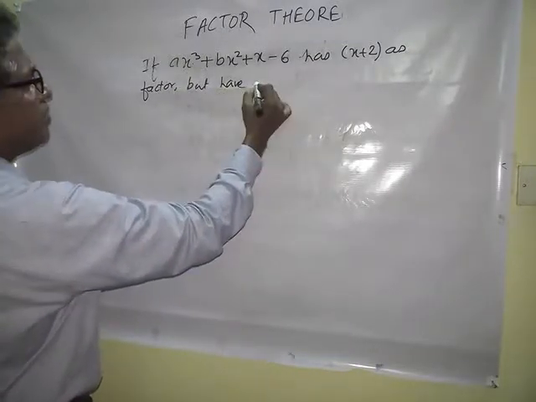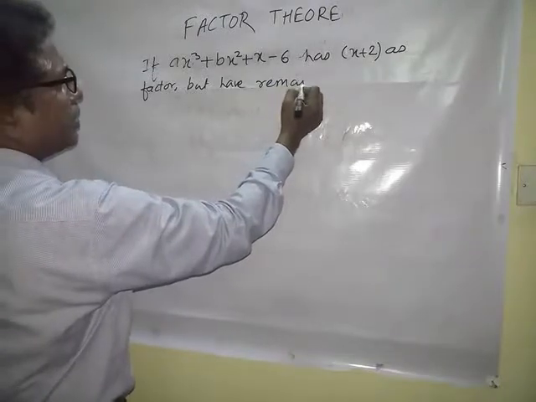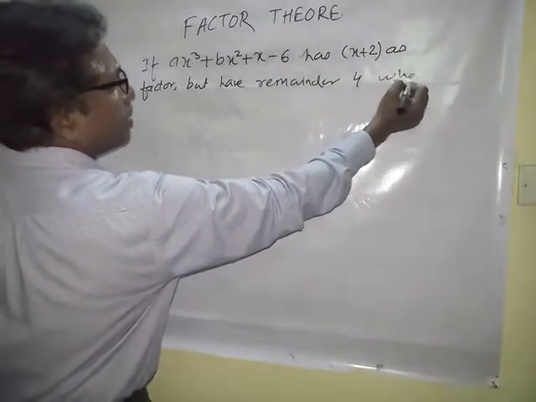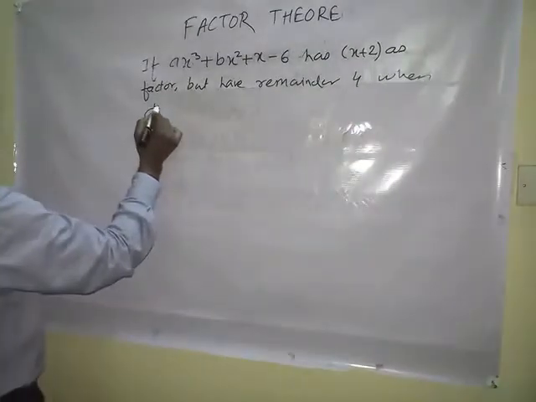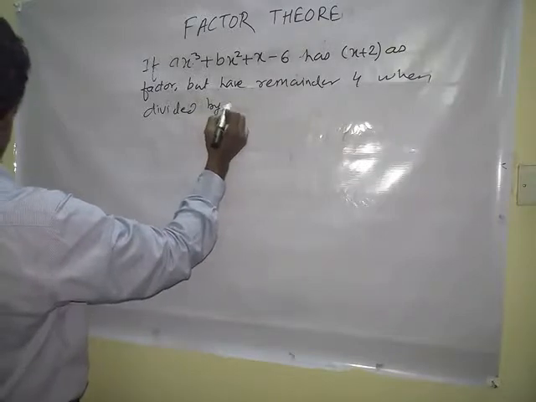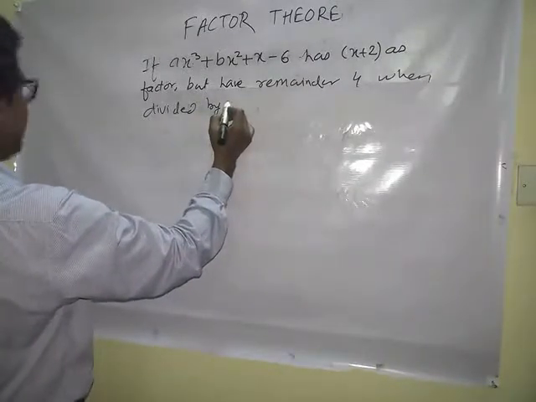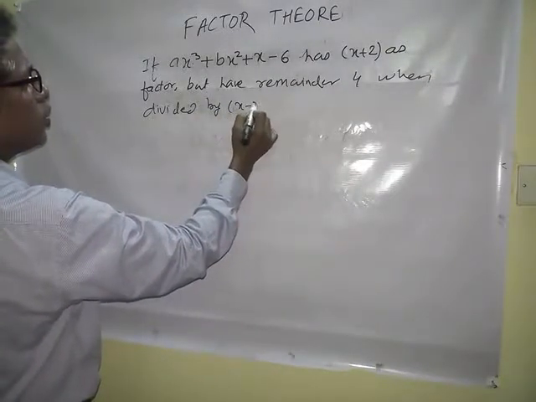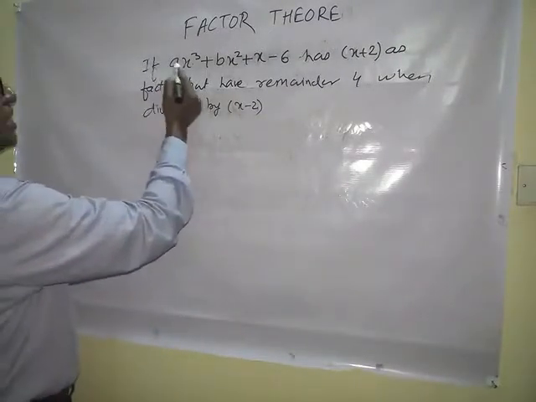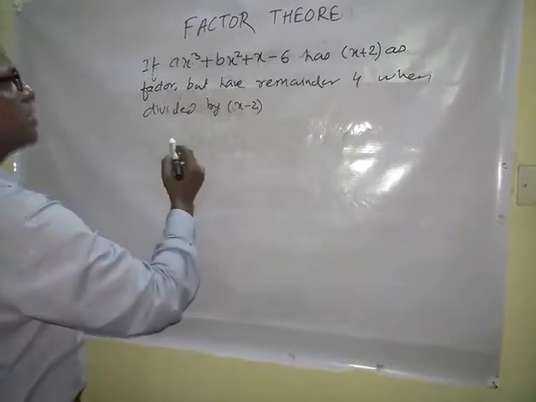it should have remainder 4 when divided by x minus 2. So again you will write down, let p(x) is equal to this equation.